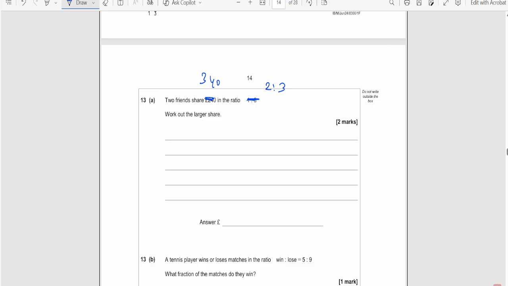Then do you do 340 divided by 5? 2 over 5 times 340, right? Yeah, that's how we do it. Let me try to work it out.